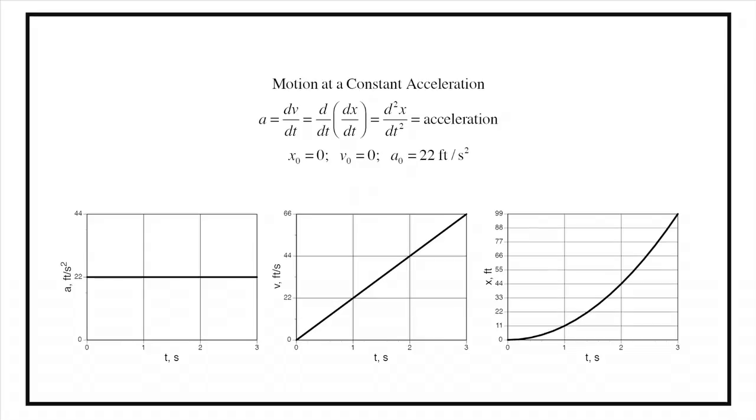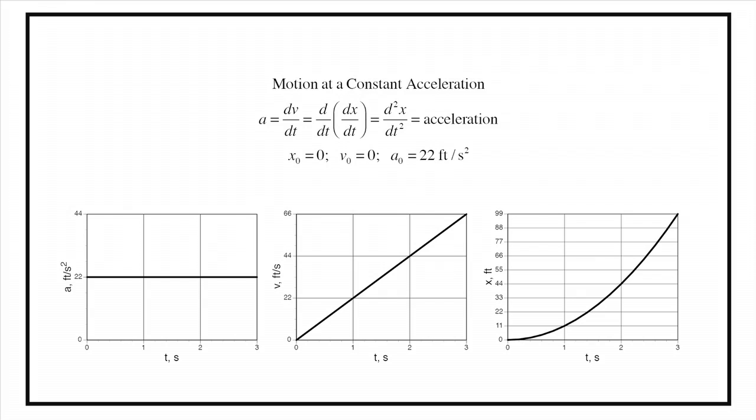We can look at a little more interesting case by putting in an acceleration, and that's shown in the next of these figures. So at this time, I picked the car starting off at 0 velocity, stationary, but with an acceleration of 22 feet per second squared. So that means that the car's speed goes up by 22 feet per second for every second that passes, and that's plotted in the middle panel.